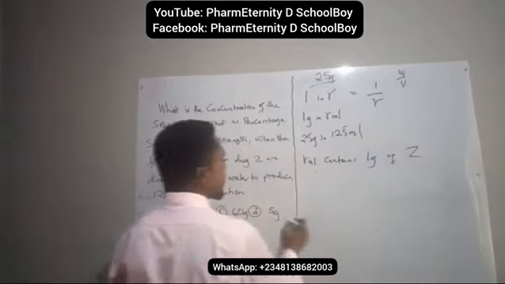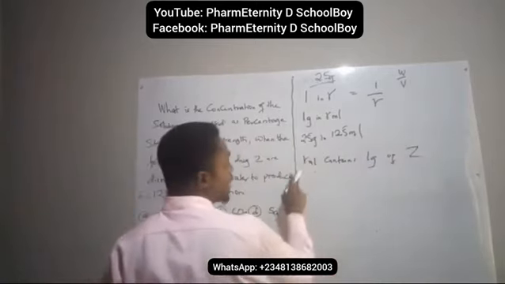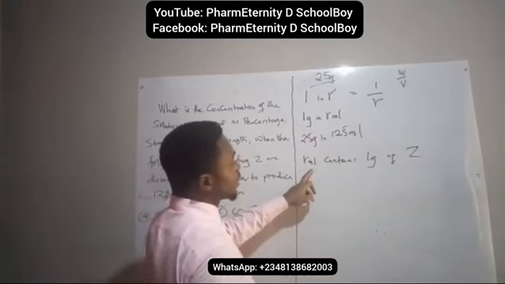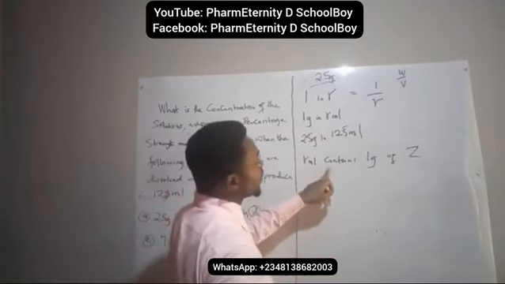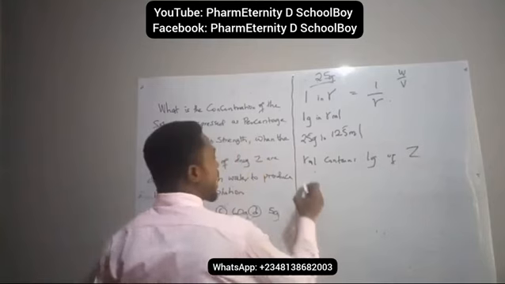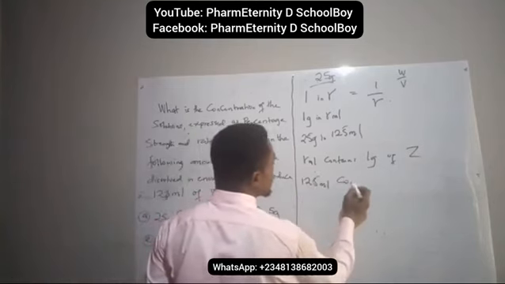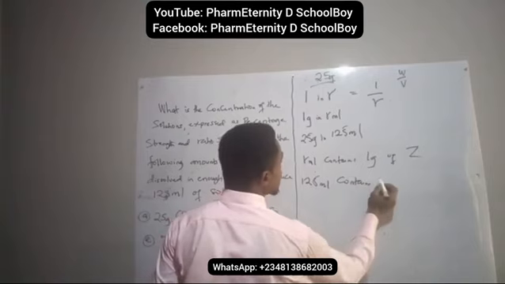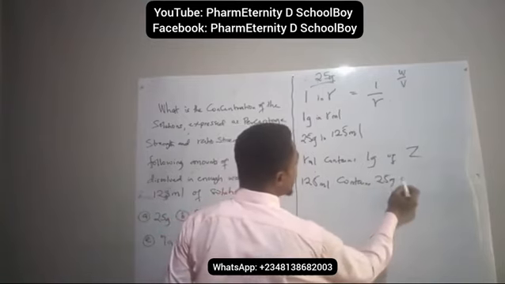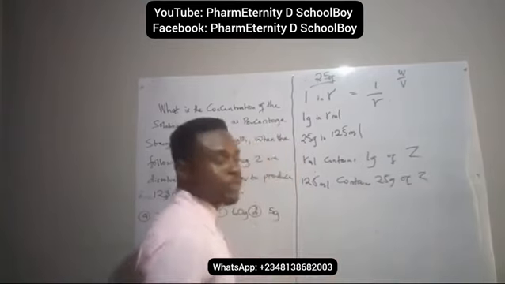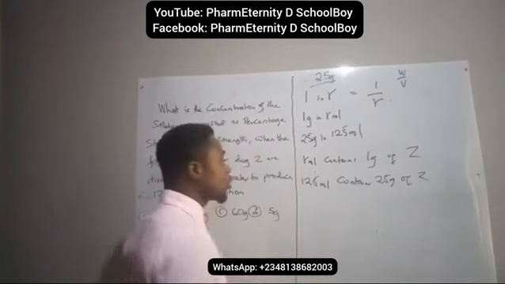Z. That means if R ml contains 1 gram of Z, and the 125 ml of the solution contains 25 gram of what? Z. So for us to find R, we cross multiply.